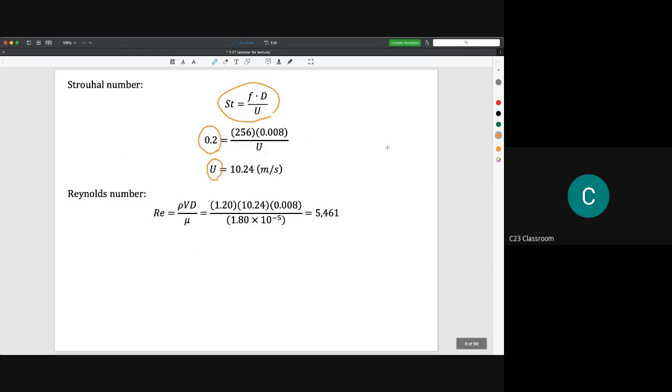The velocity of air is around 10.24 meters per second. So if the flow is more than 10.24 meters per second, the wire will vibrate roughly. Then we could calculate the Reynolds number here, and we found that it is 5,461.